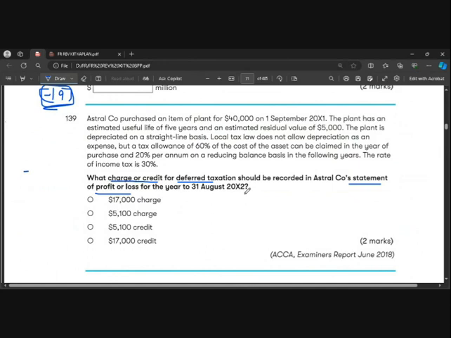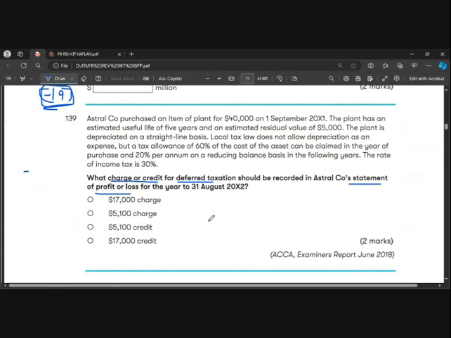What is the charge or credit for deferred taxation to be recorded? Extra purchases an item of land for 40,000 in September. And this is the restriction basis, when local tax laws do not allow depreciation as an expense.